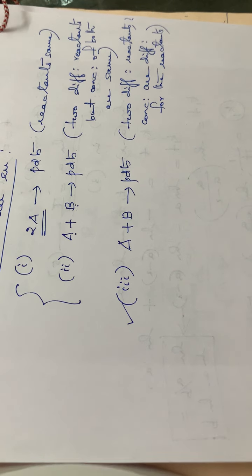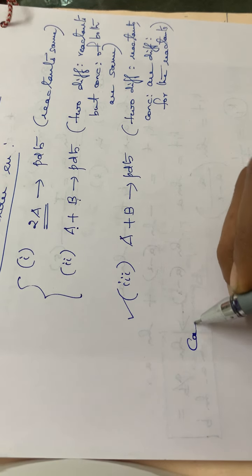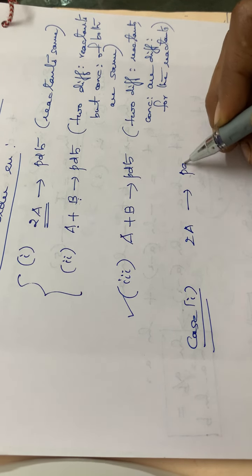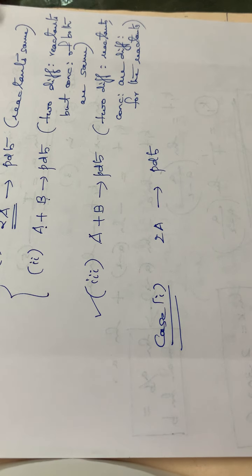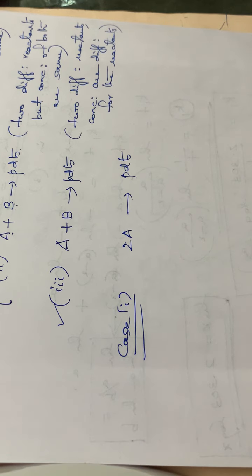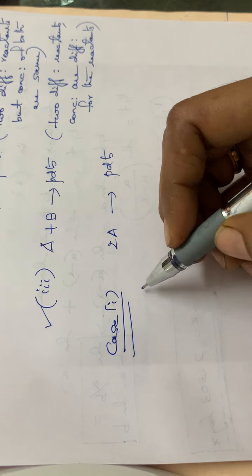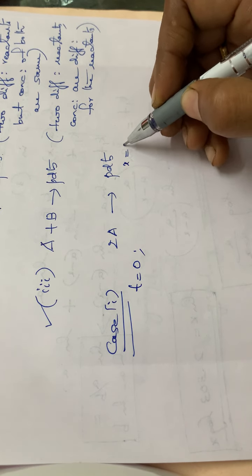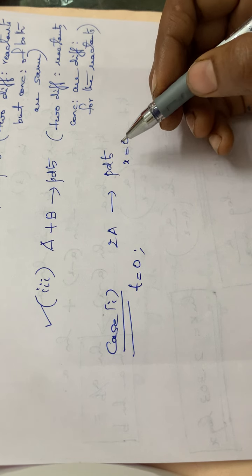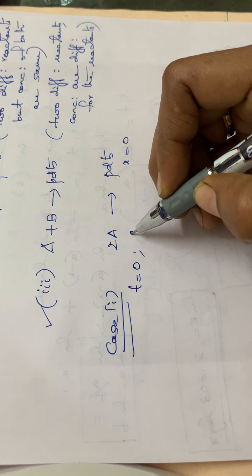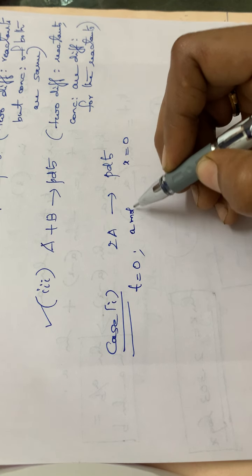For the first case, case 1, that is 2A giving products. Just as in the first order reaction, when time t is equal to 0, x, the moles or concentration of the products, is equal to 0, and the initial concentration of A, let it be a moles per liter.